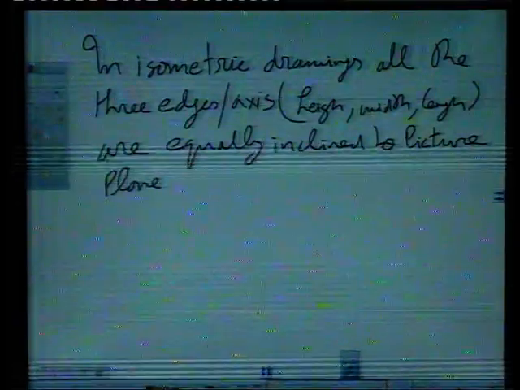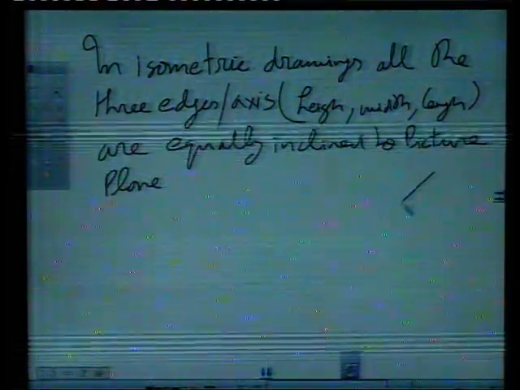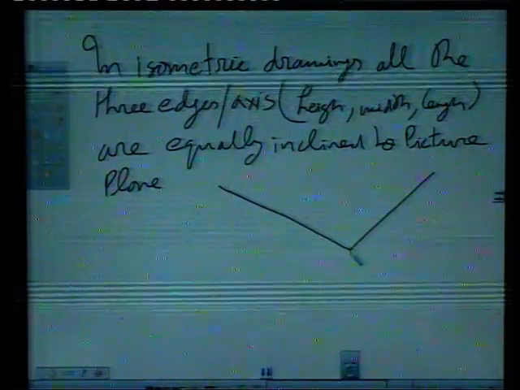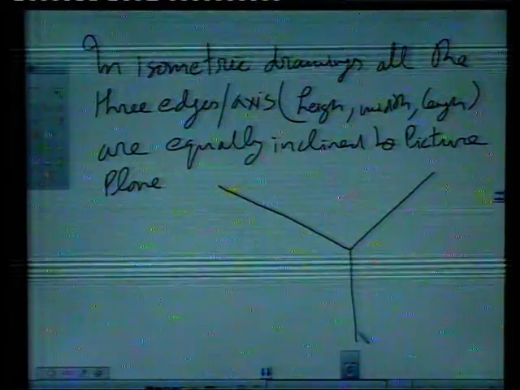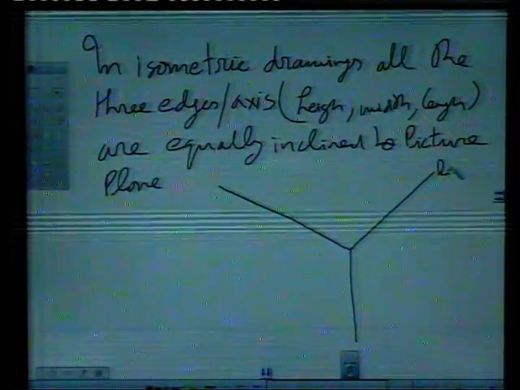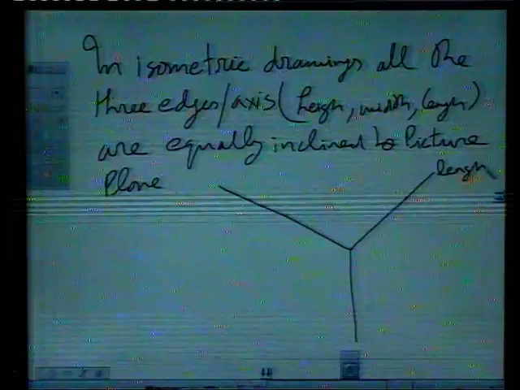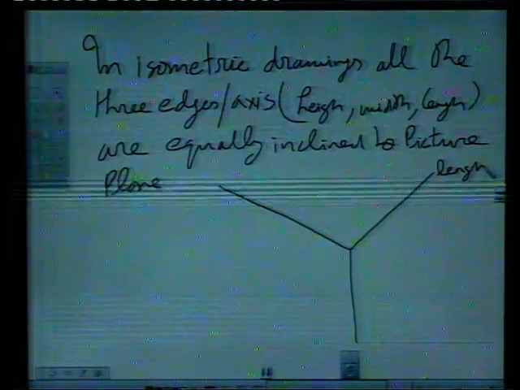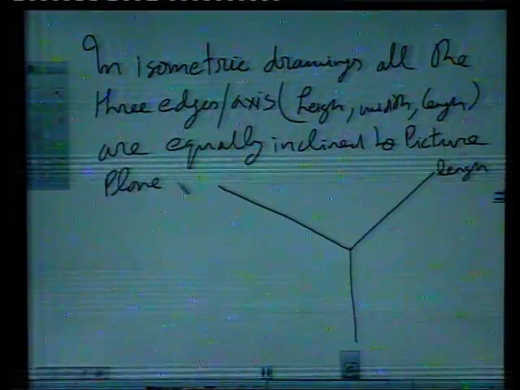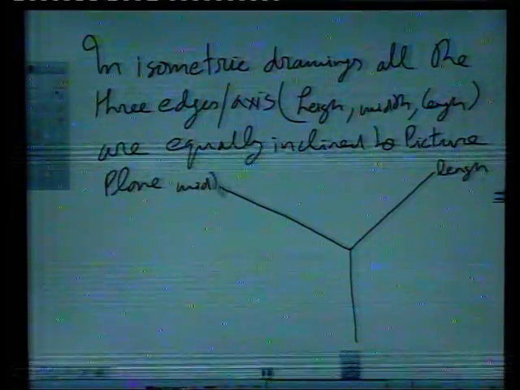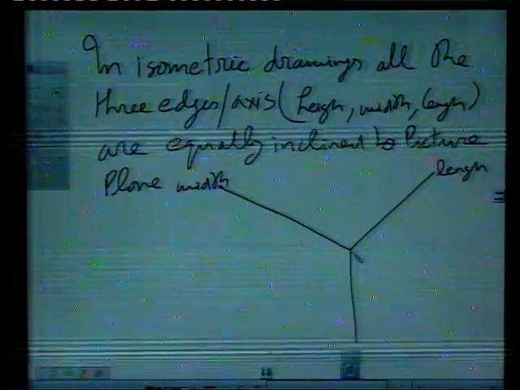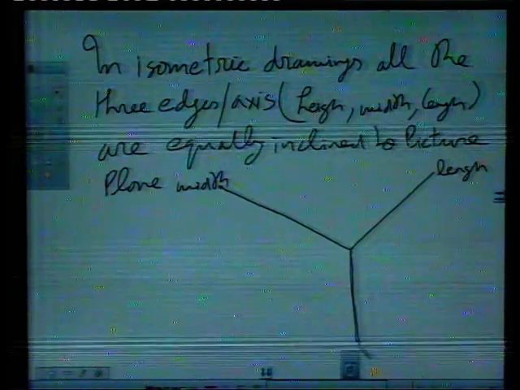It's like this. These are the 3 axes. Say this axis represents length. This is one isometric axis. This axis represents, say, width. This is the second axis, and this is the third axis which represents, say, height.